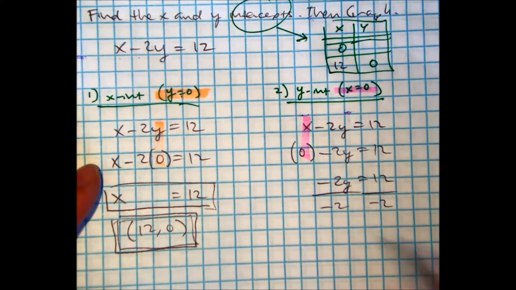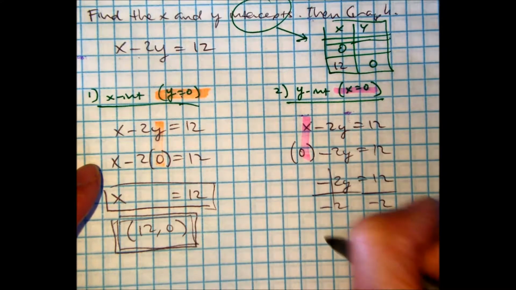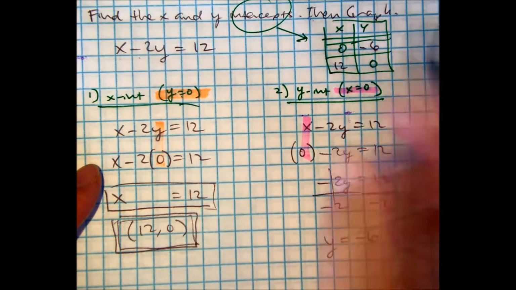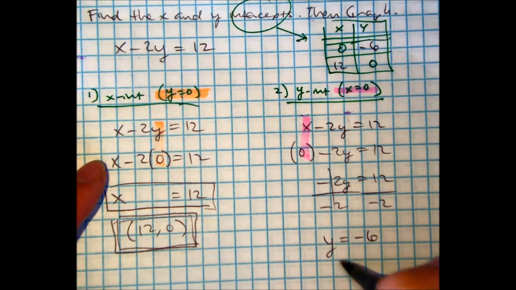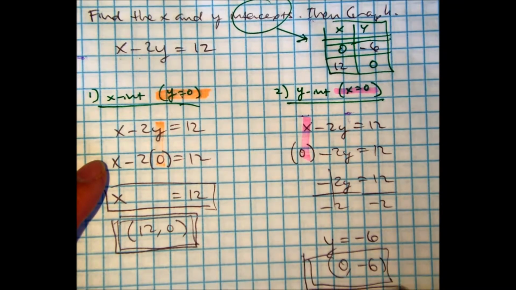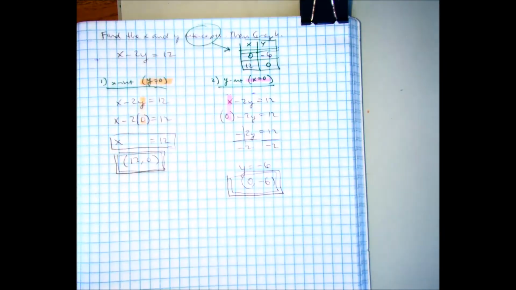Divided by negative 2 there, and then y is equal to negative 6. So my ordered pair there is 0, negative 6. Go ahead and graph that.